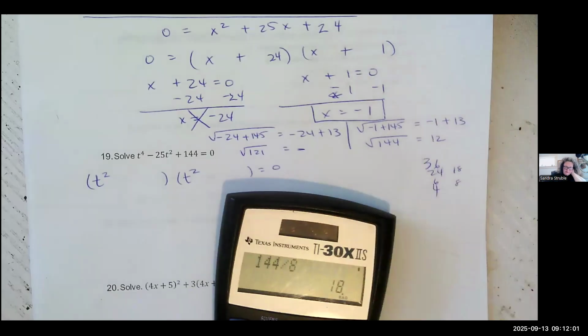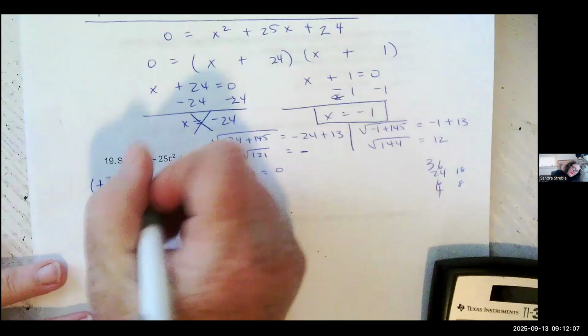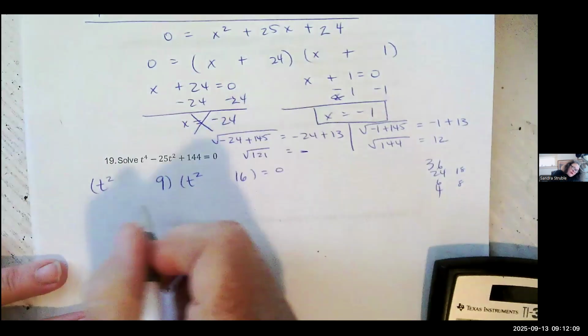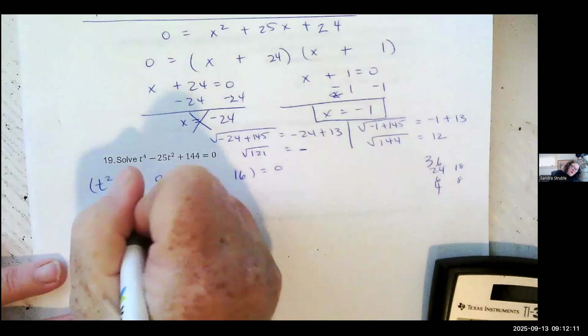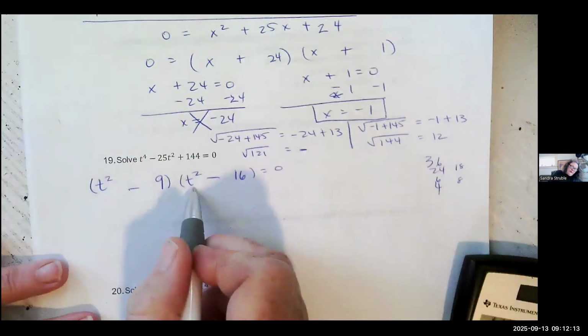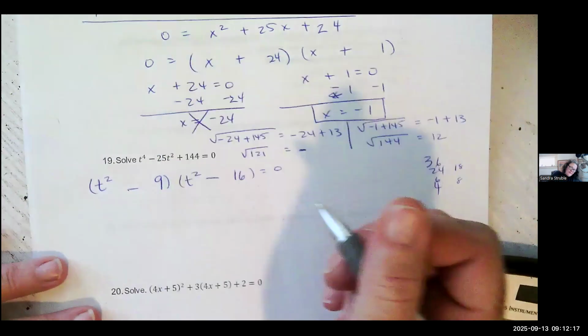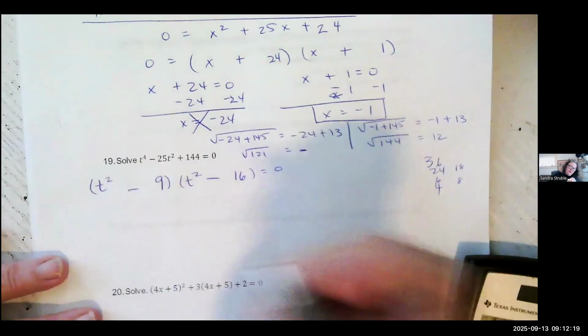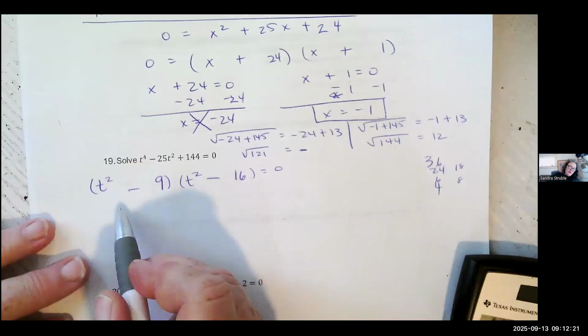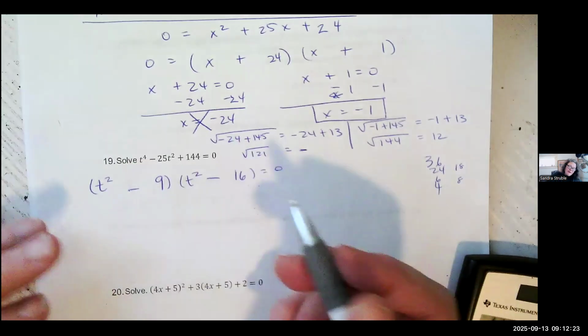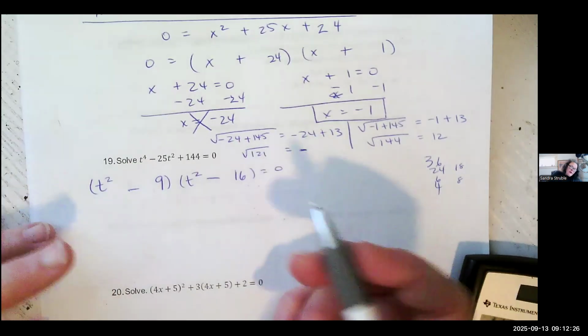So is there just 144 divided by 9 and 16? That's it, 9 and 16. 9 and 16 will give me, check my OI, will give me 25. Negative 9, negative 16, negative 25. All right. So now we can do this in two different ways. You could do the difference of two squares, or you could set them equal to 0 with the square root property.